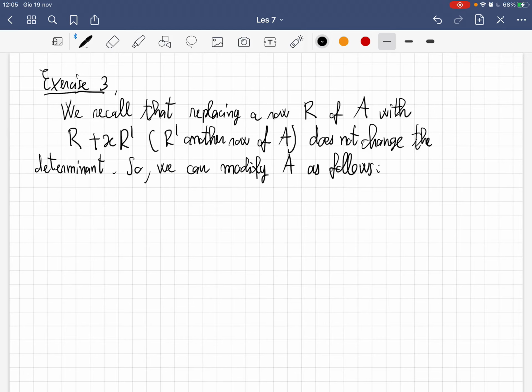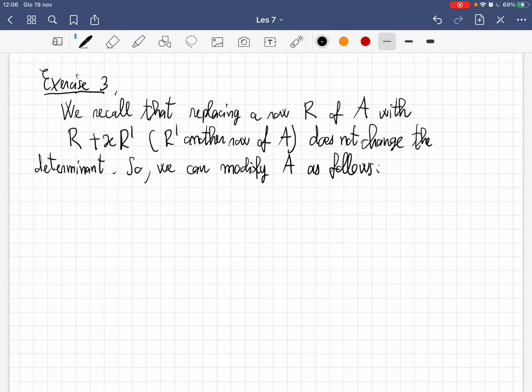One comment here: it's nice when you write a detailed solution that, okay, you know the pieces of theory you can use, but it's very good to recall specifically what pieces of theory you're going to use.